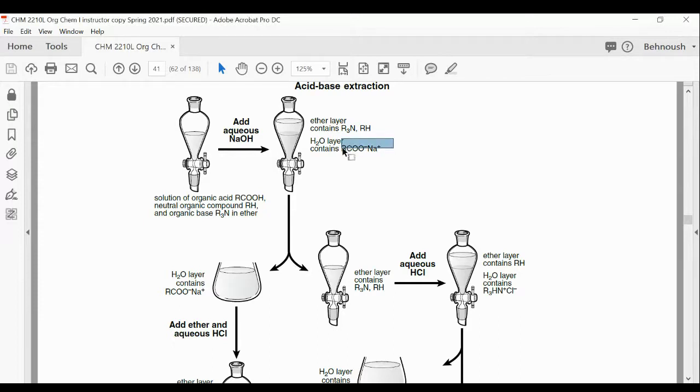So this compound is going to dissolve in the aqueous solution, and it comes down. The benzoic acid separates from the organic layer, from the ether, and comes into the aqueous layer. So you would have that in the aqueous soluble salt form of sodium benzoate in the aqueous layer.